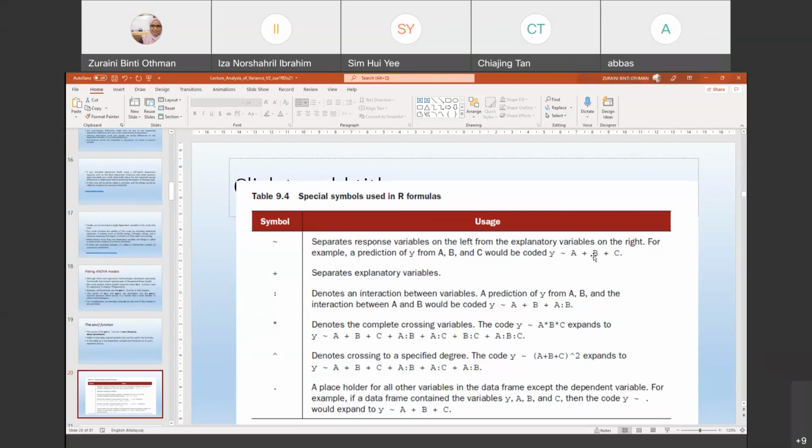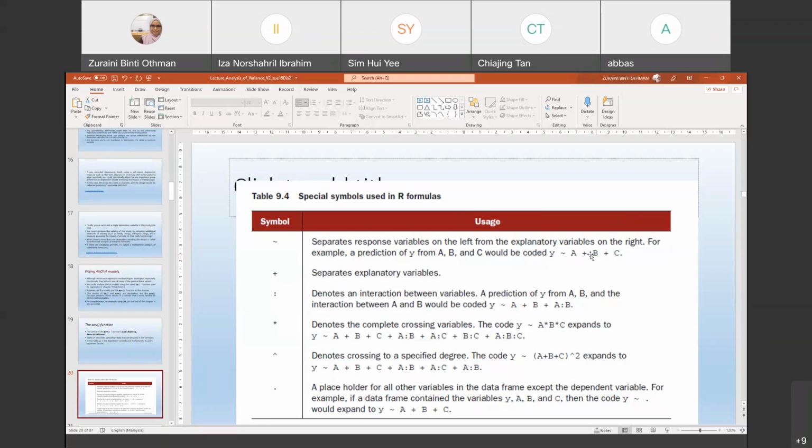These are the factors A, B and C. We want to predict whether this place will flood in the next 24 hours or not, for example. Then this separates the explanatory variables.